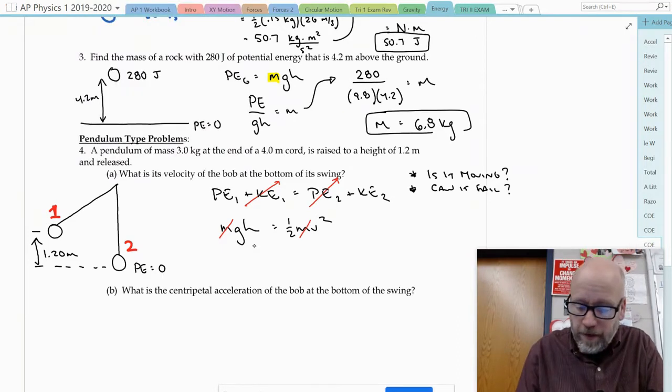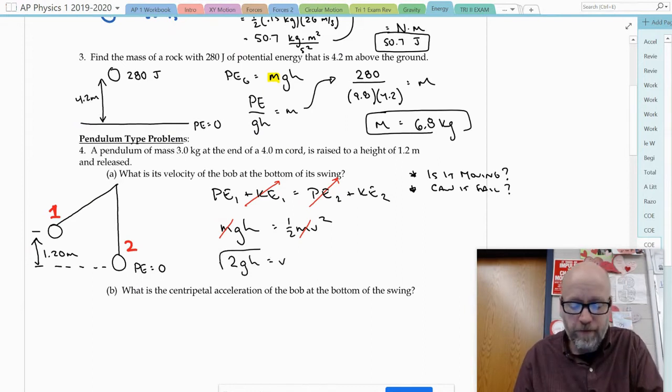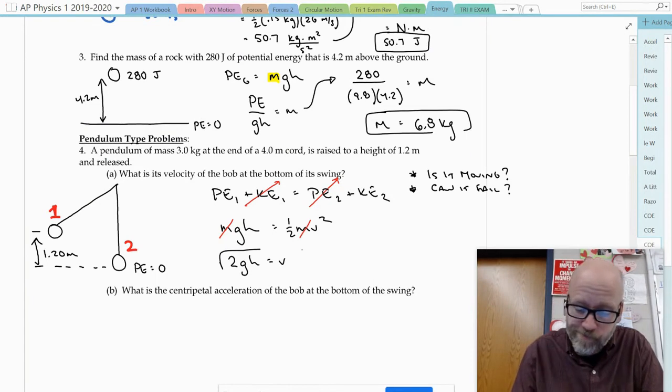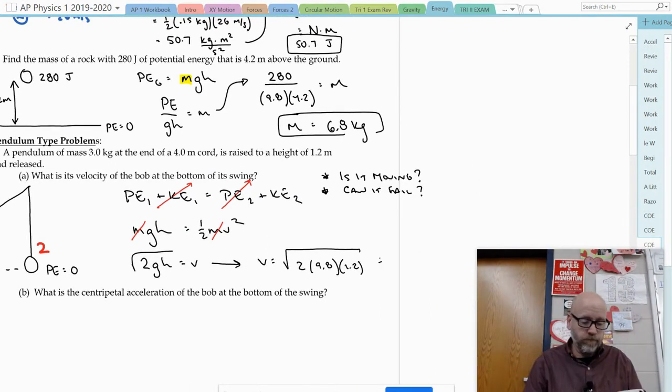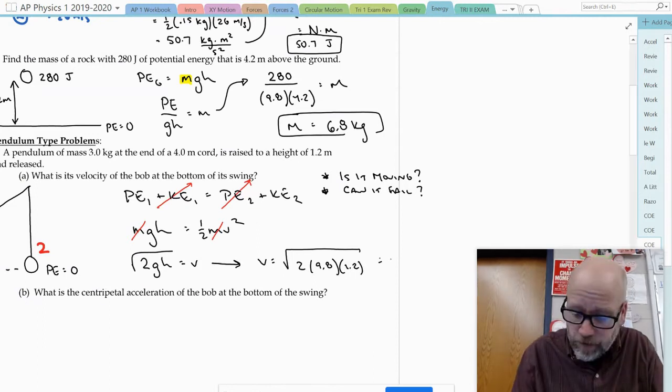Now, as I get v alone, I multiply by 2 on both sides. And I get v equals the square root of 2gh. So let's plug in what we know. v equals the square root of 2 times g times 1.2, which is 4.85 meters per second. Good.